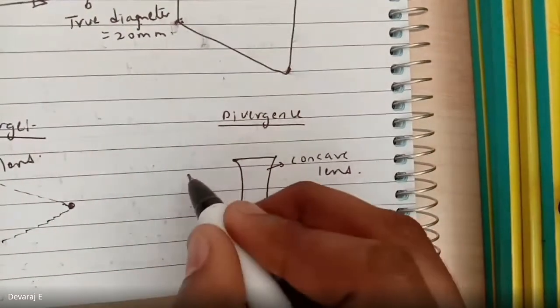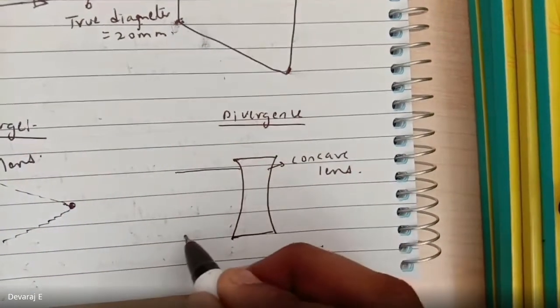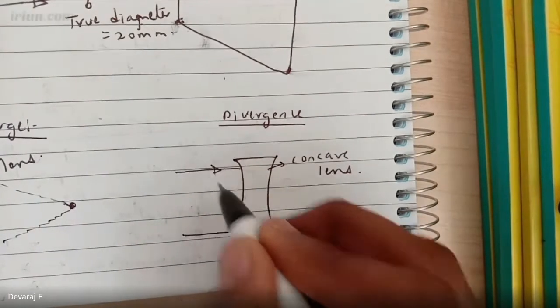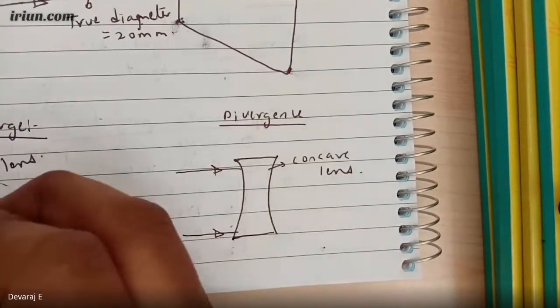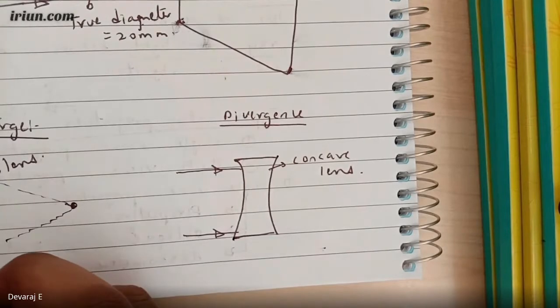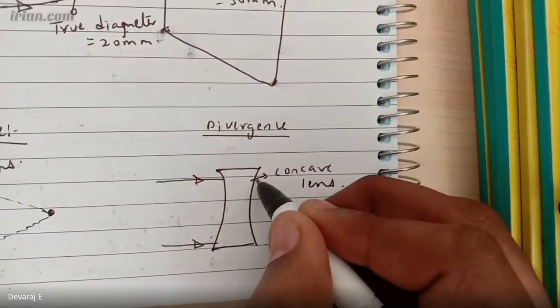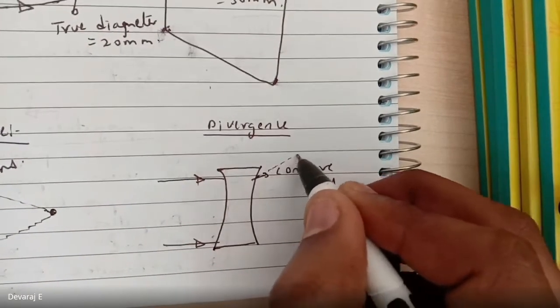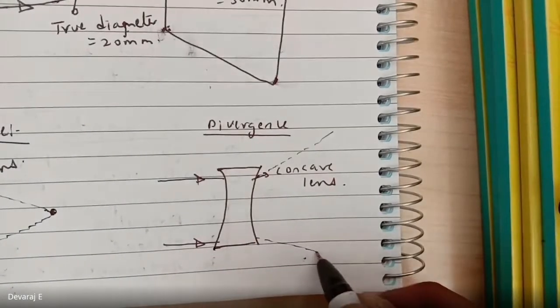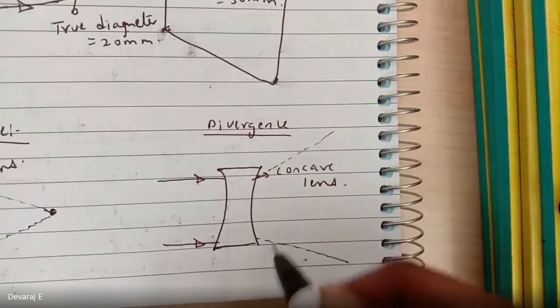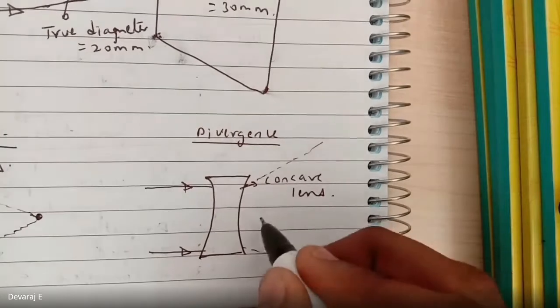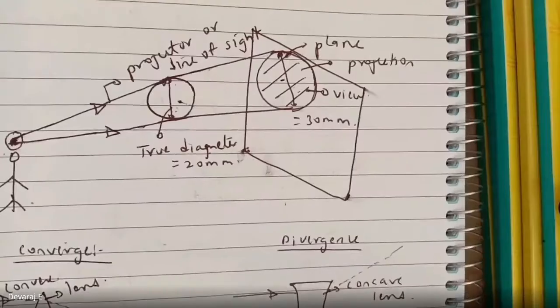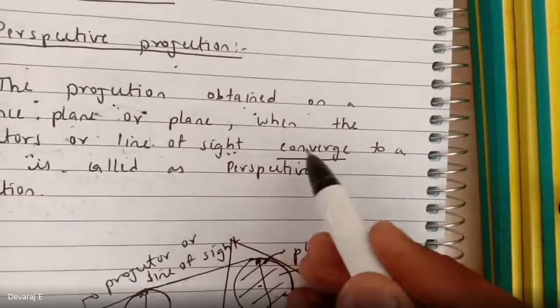Divergence means when the line of sight is falling on the lens, the projectors will diverge like this. So this is called divergence. So everyone is clear? Yes, sir.